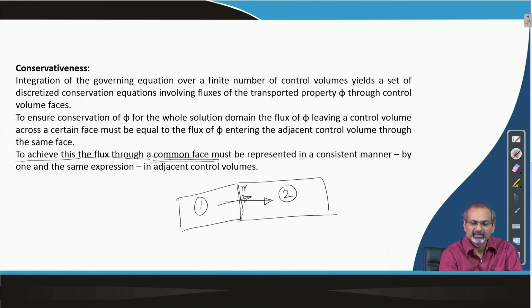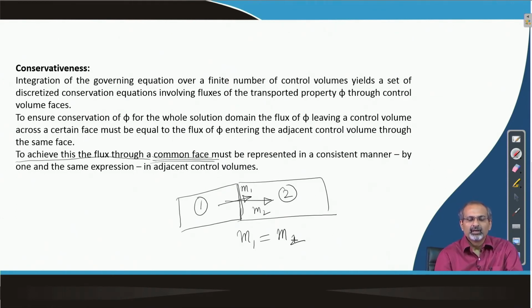It may appear to be quite trivial, but in the course of calculations, when large computer programs are used for solving a large number of discrete equations, if we have not accounted for proper balancing of these fluxes, then there would be a lack of overall conservation, and then the solution may finally diverge, which means you will not get a solution at all, or it may lead to certain erroneous solutions, and it would not be possible for you to reduce the errors significantly.